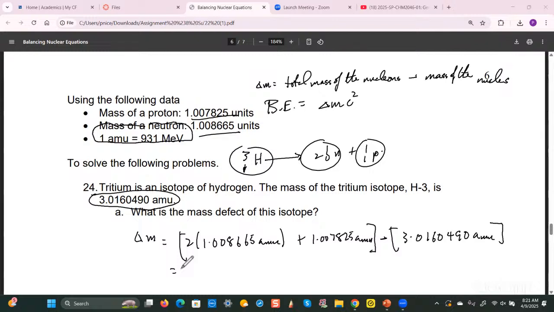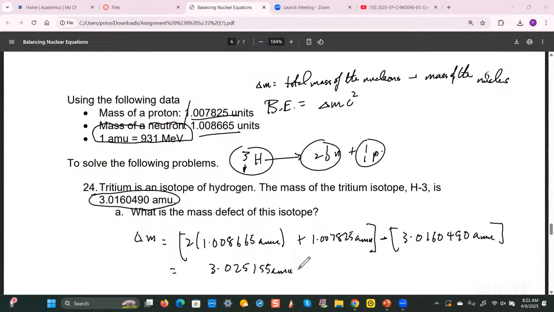I'm going to add what's within the parentheses first. 1.008665 times 2, plus 1.007825. Okay, so this part here works out to be equal to 3.025155 AMU.